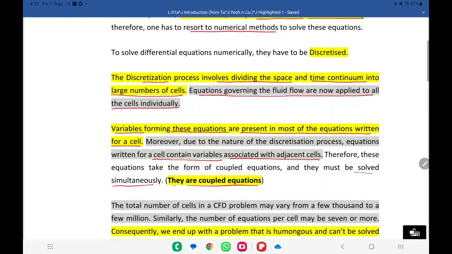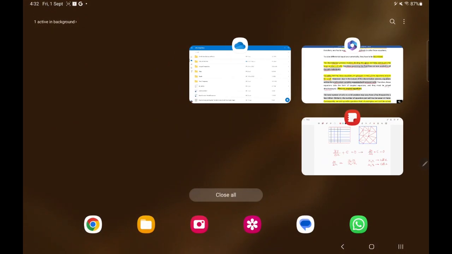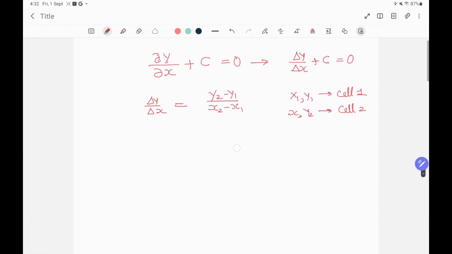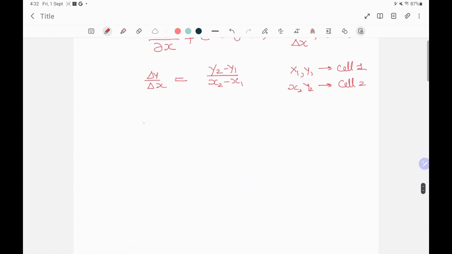So as I told you last time, if you have equations like this, uncoupled equations, such as 2x plus 5 is equal to 0, you can simply solve it irrespective of what the second equation is.